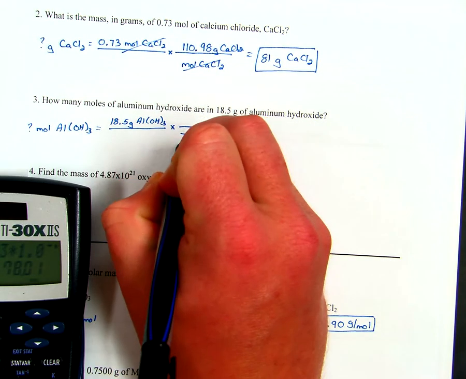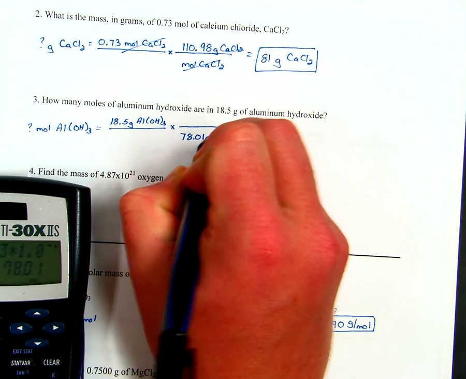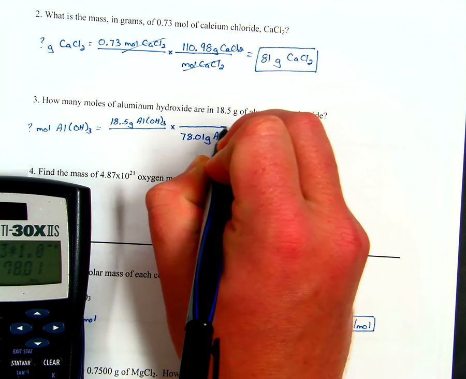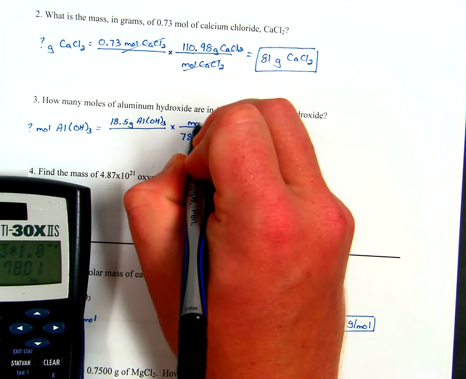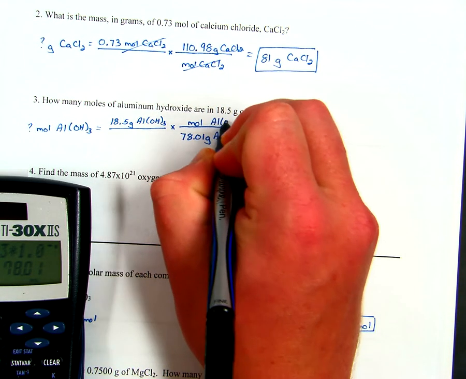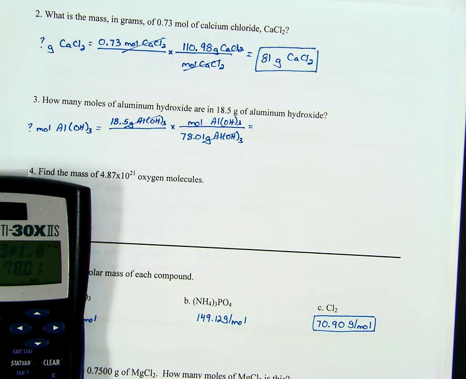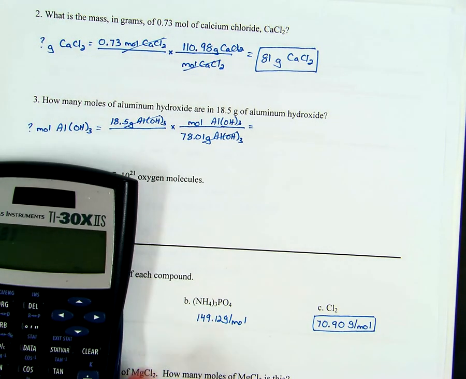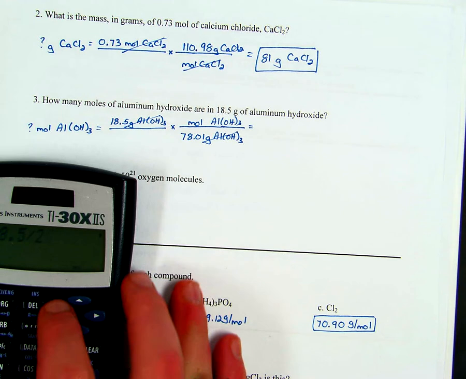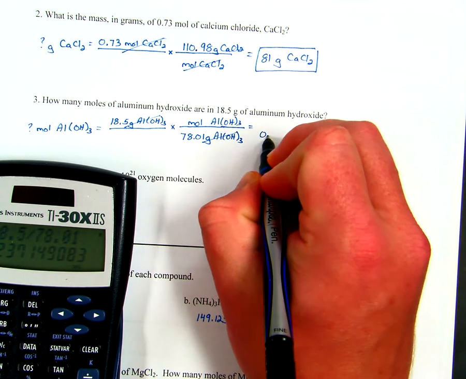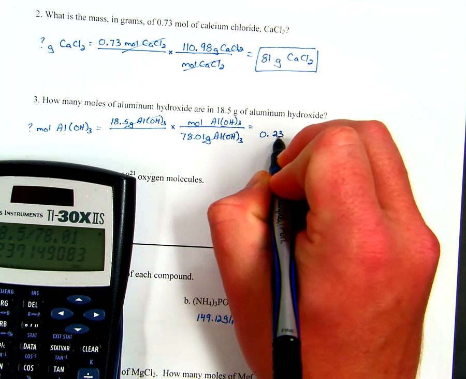So 78.01 grams of Al(OH)3 for every mole of Al(OH)3. Grams cancel. And I just need to do our problem now. 18.5 divided by 78.01. And we have 3 sig figs, that is 0.237 moles of aluminum hydroxide.